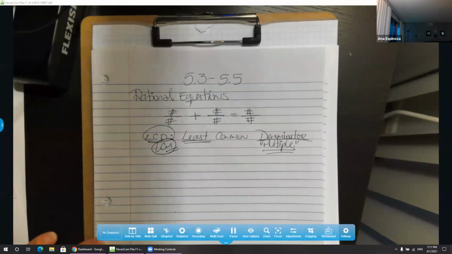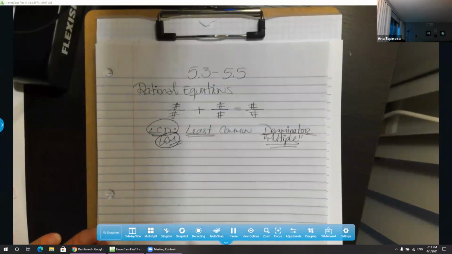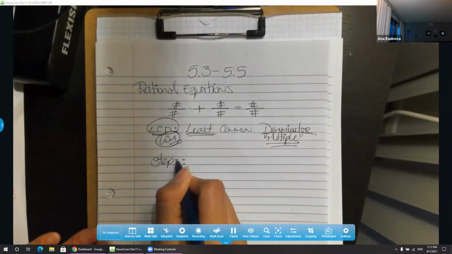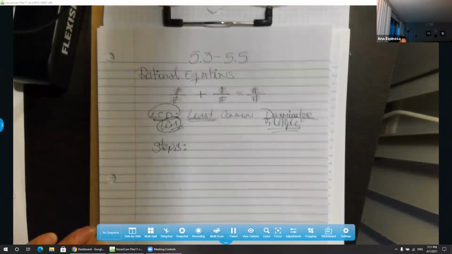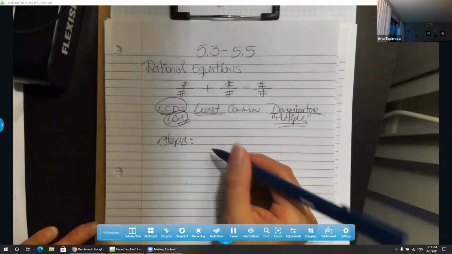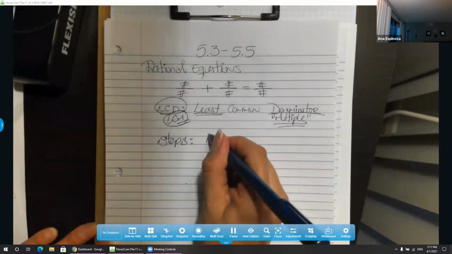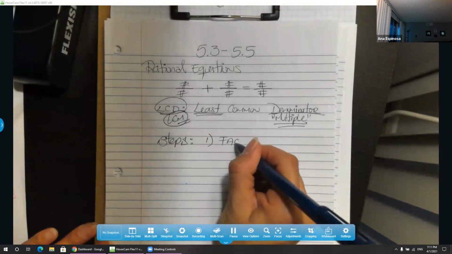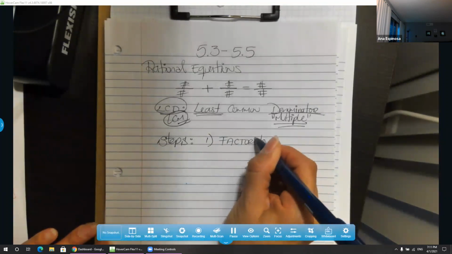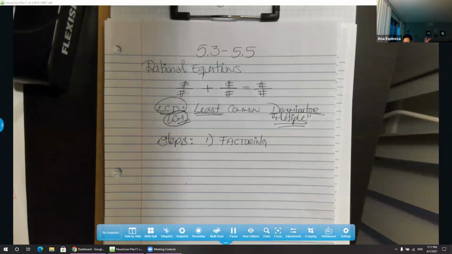Okay, so the way I do it, these are my steps. You can look up other steps on Google, wherever. Basically you start off with number 1 by factoring. Again, as I mentioned earlier in different chapters, you have to have your factoring down so well that you should be able to do them with your eyes closed.